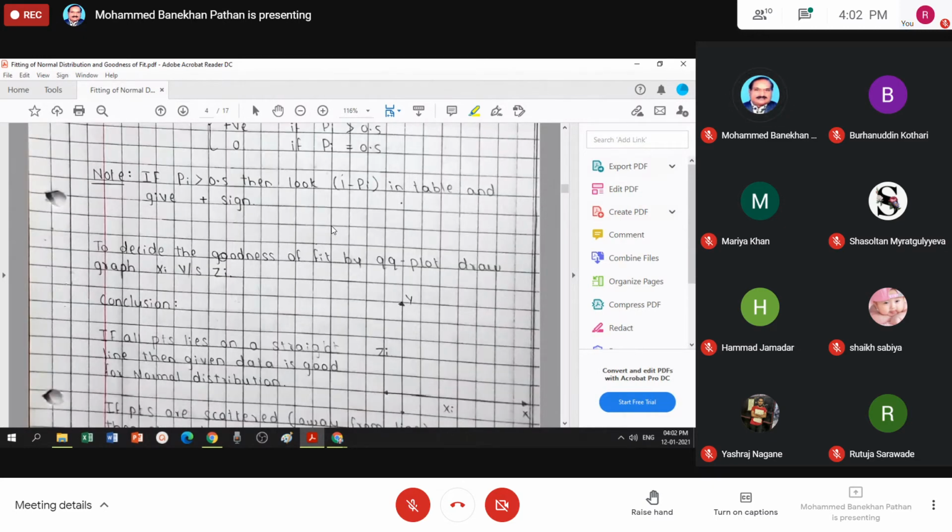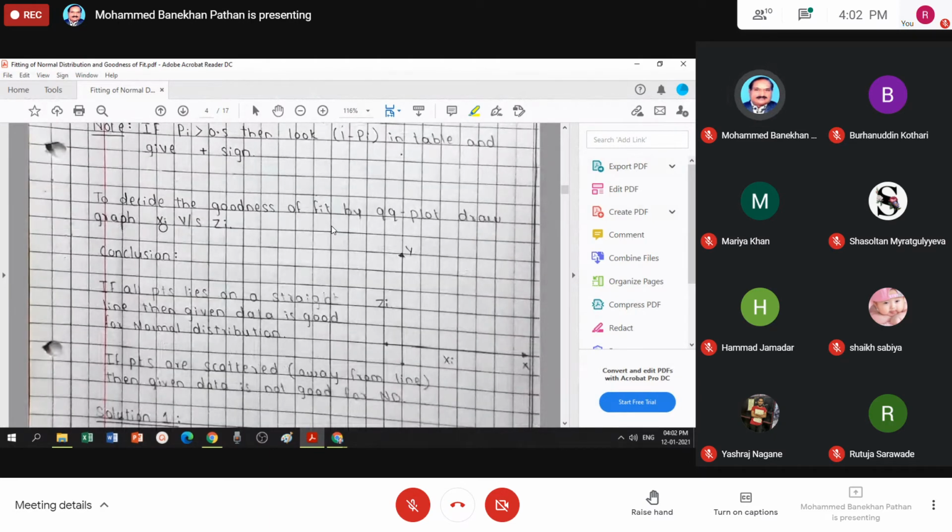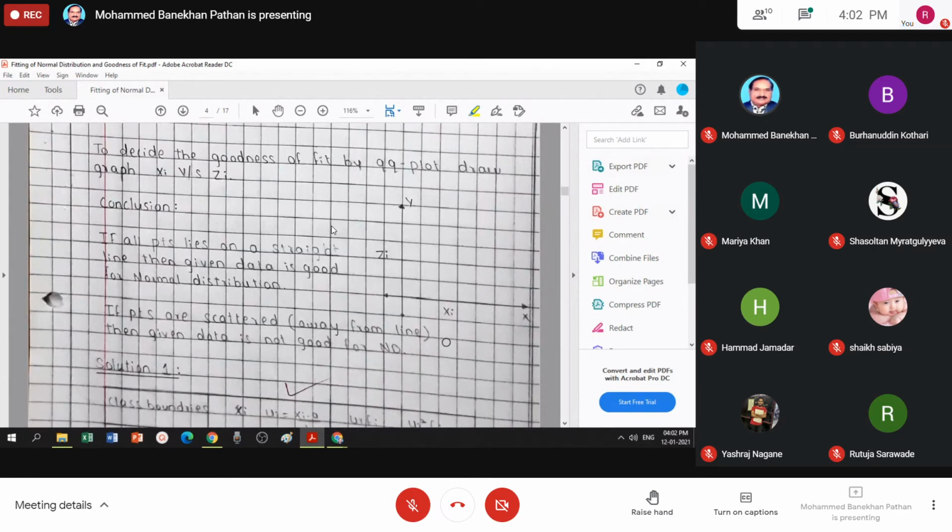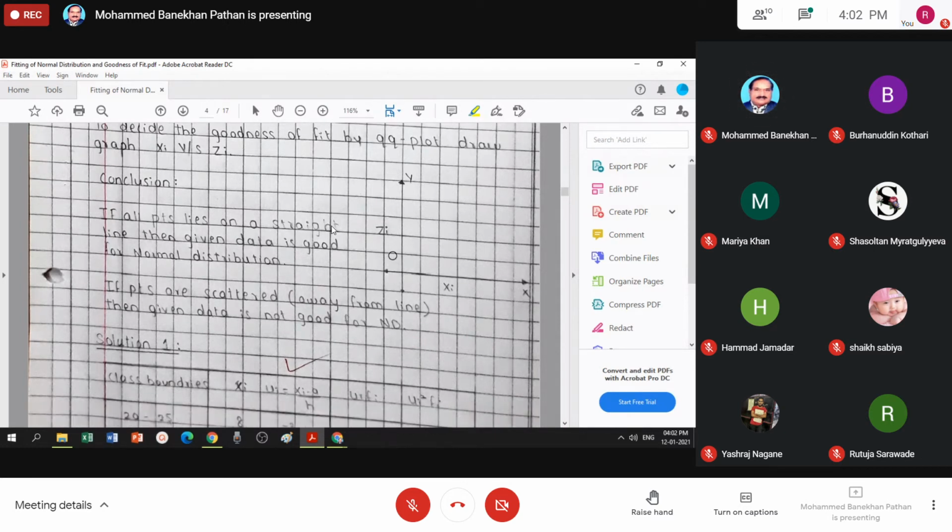To decide the goodness of fit by the QQ plot, draw the graph of xi versus zi. That means on the x-axis, write the midpoint, and by using this, find zi, which we can see in detail in solving the numerical example. How to draw the conclusion?